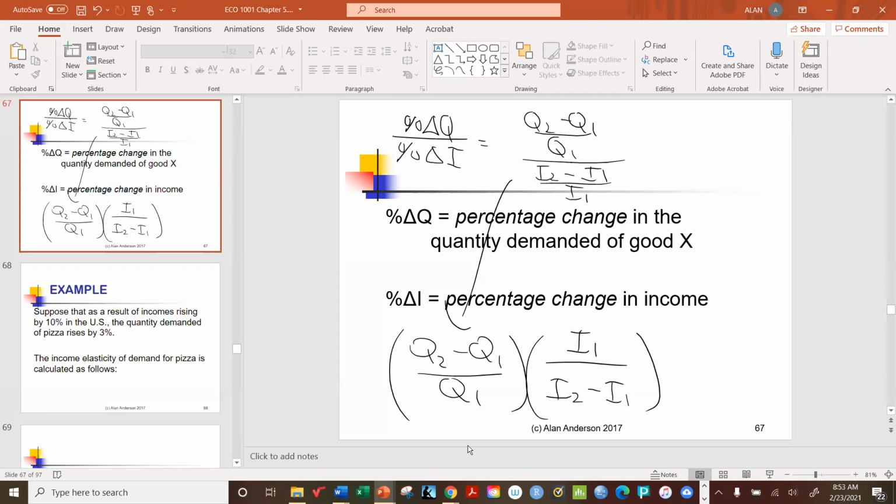These numbers will be the same. And plus, we're not actually looking at movements along the demand curve. We're actually looking at changes in income over time. So it makes logical sense that we would do it this way. There's no need to have an average. Let's put it that way. So it's just a straight ahead percentage change in one with respect to the other. Okay.